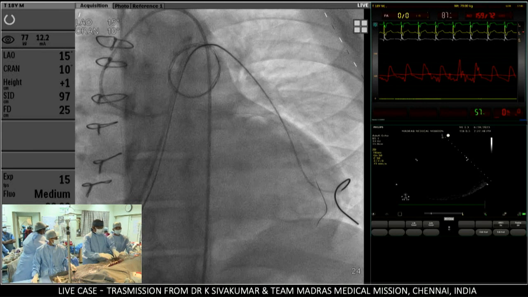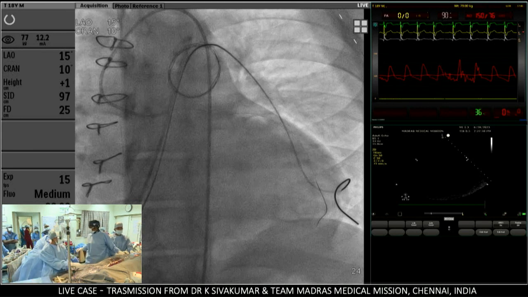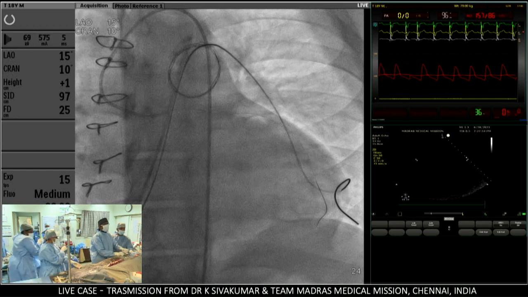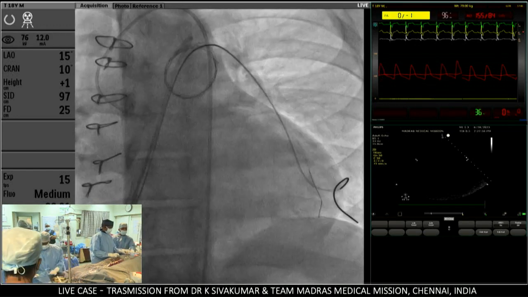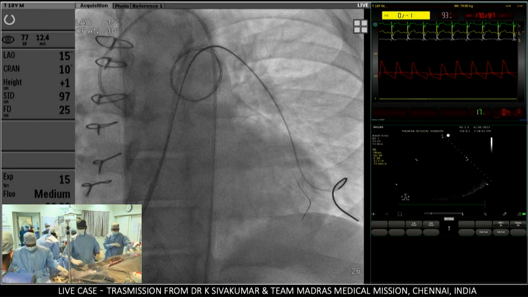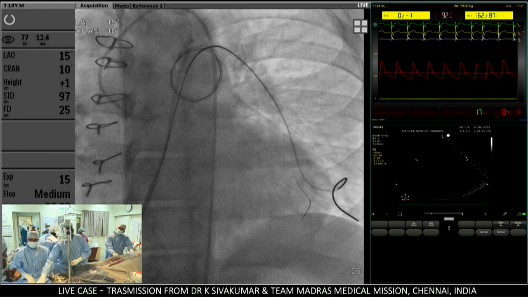So now I am changing it into the Python sheet. Python sheet ready? Okay. So the stent there is in good position, 25, 26 millimeters. Next in your lab, probably a 29 Sapien, I think.